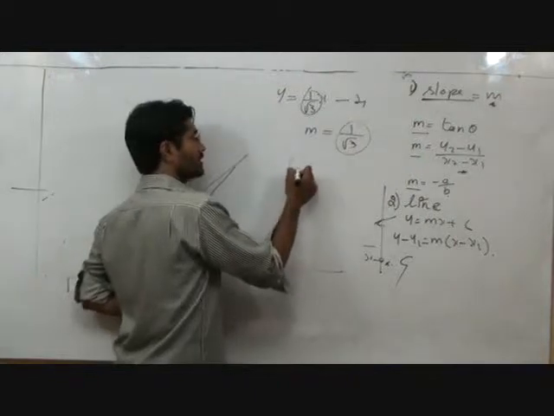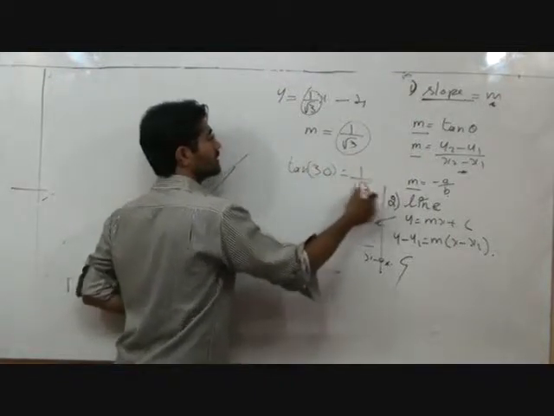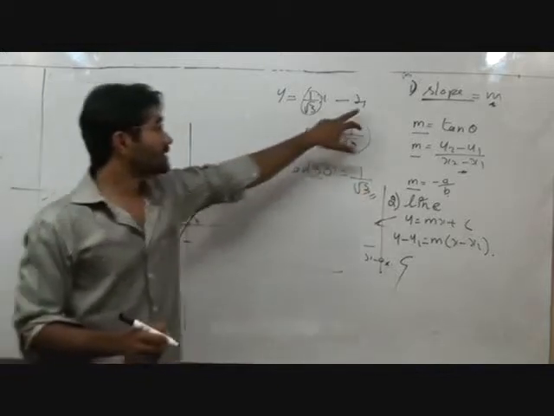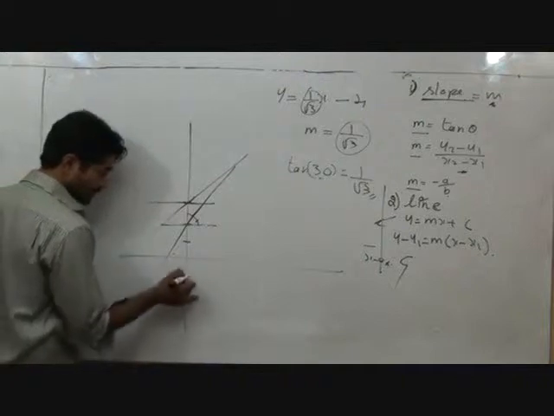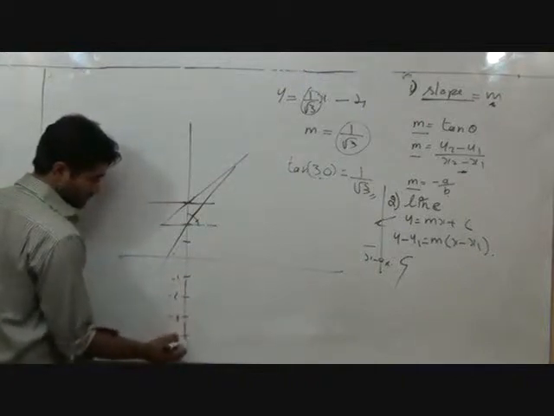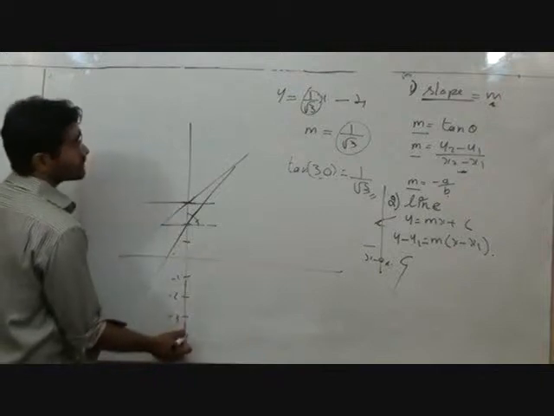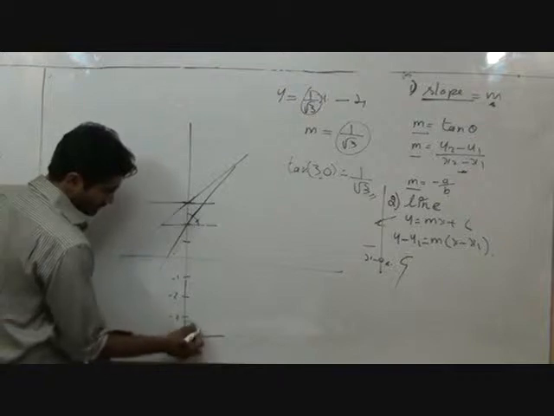That should be tan 30. You're right. Tan 30 is 1 by root 3. Very simple. So now I get it. And what is c? Minus 4. So I need to go down this time, because minus 1, minus 2, minus 3 and minus 4. There is where the line is cutting and making an angle of 30. Yeah. This is the line.